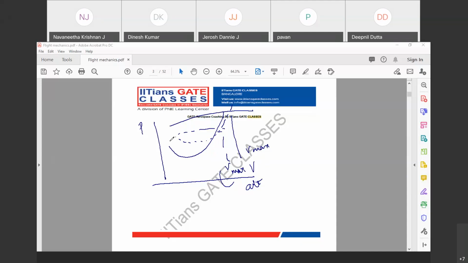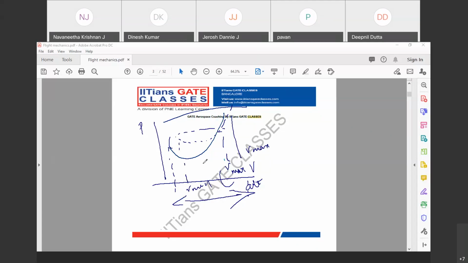When operating at sea level, it can operate in the range between stalling velocity and maximum velocity. But as altitude increases, since your power available decreases and power required increases, there is a minimum velocity. The curve intersects on the minimum velocity side also, and there is a maximum velocity side also.